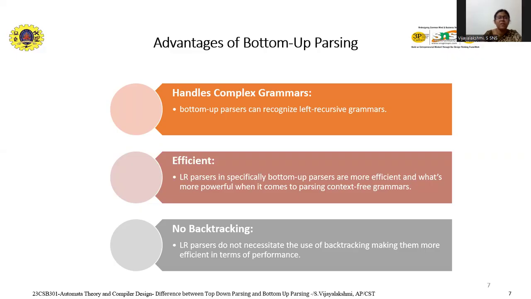It is particularly efficient for parsing context-free grammars because it handles considerably complex grammars with limited limitations compared to other models. No backtracking: LR parsers don't necessitate the use of backtracking, making them more efficient in terms of performance.